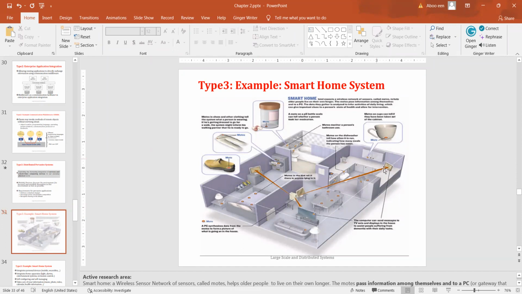So then they can easily control the devices inside this smart home, like, let's say, the door closing. It is a sensor device. It can authenticate or recognize the actual owner of this home.